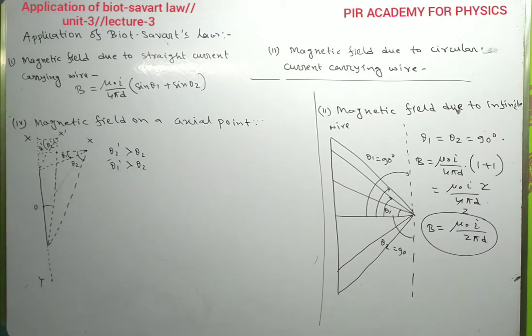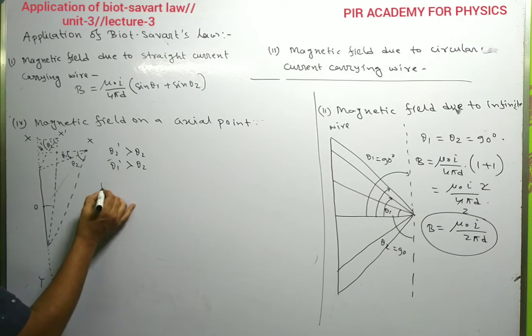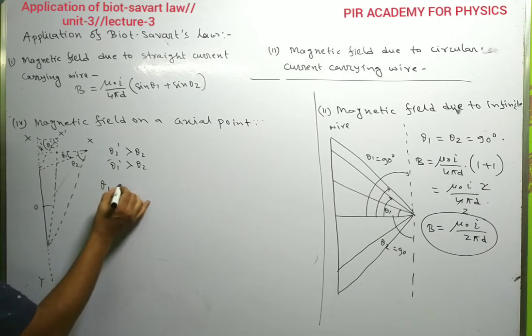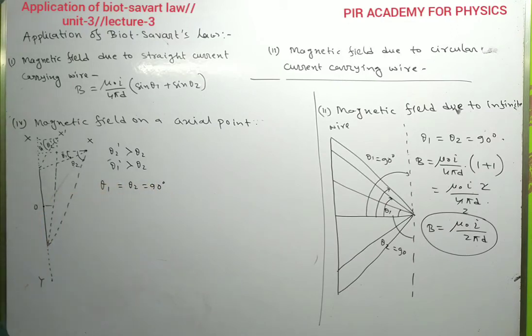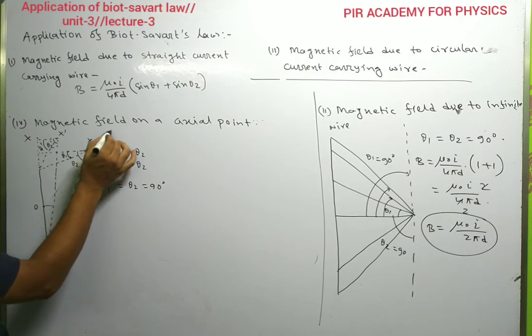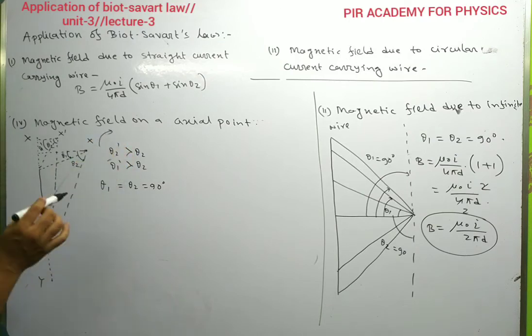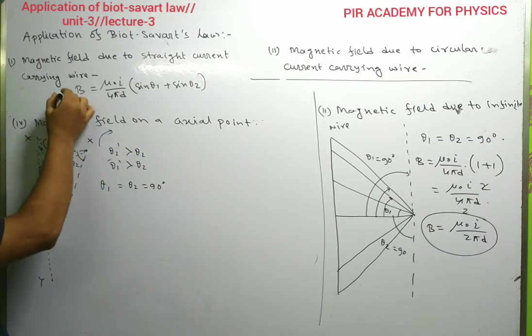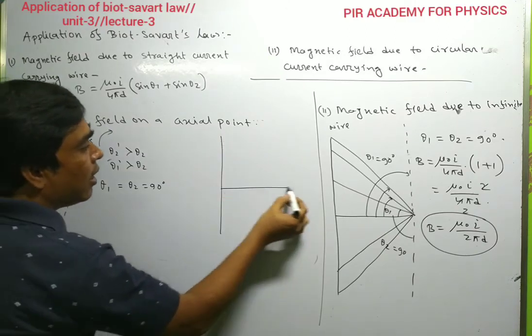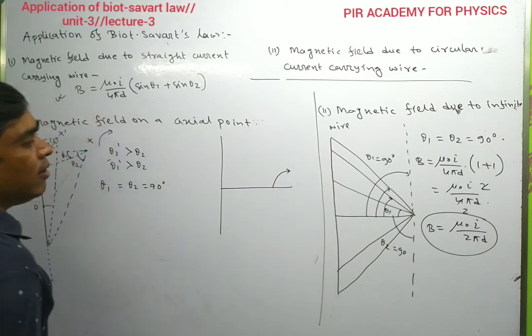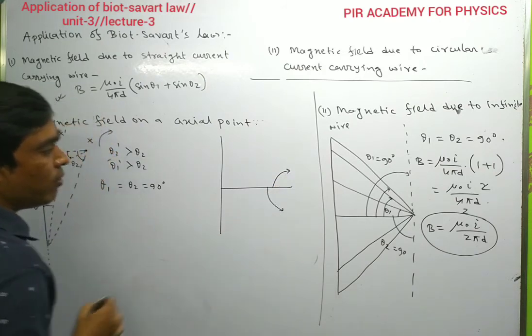So here both angles will be 90 degrees. But when I deduced this formula, we took theta 1 along this direction and theta 2 along this direction.